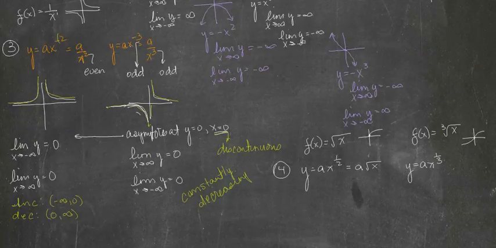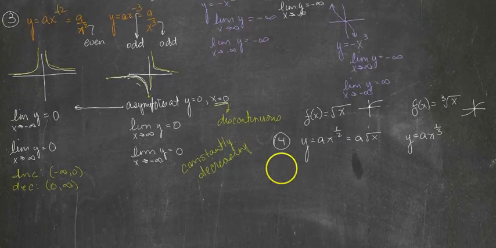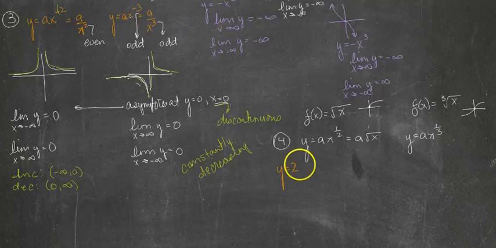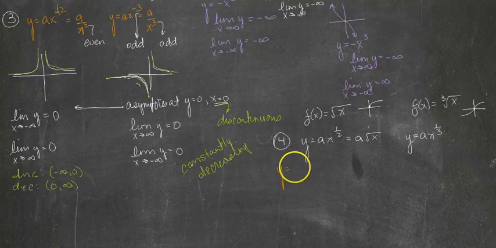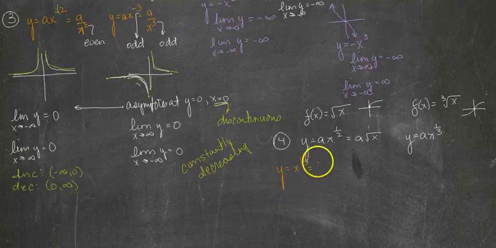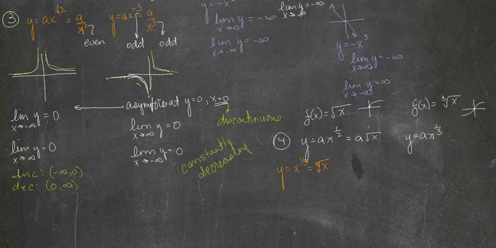So if you wanted to know what would the general shape of, for example, y equals, well, let's not put a leading coefficient because that always changes exactly the same way we're used to. y equals x to the 1/5, you would know that that's the same as the fifth root of x, and that's going to behave very similar to the odd cube root of x.